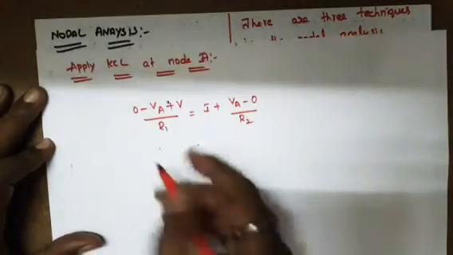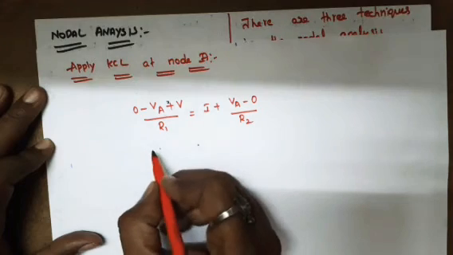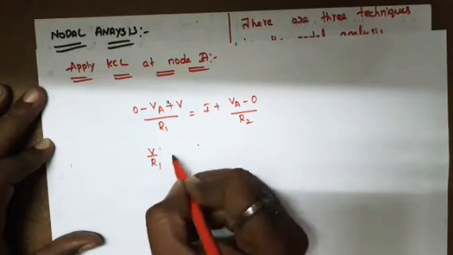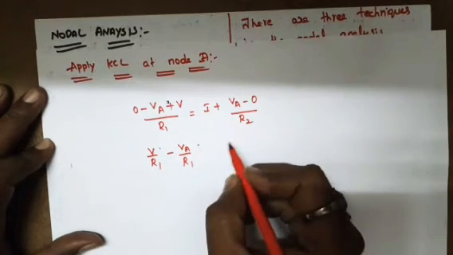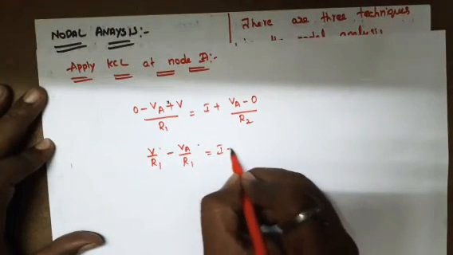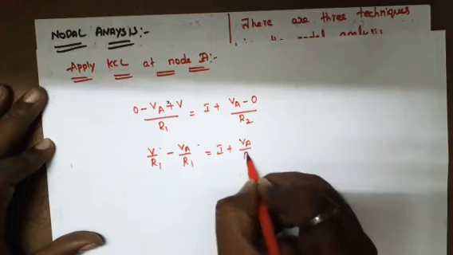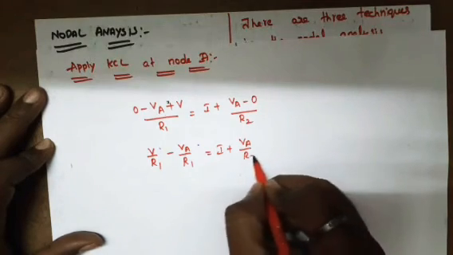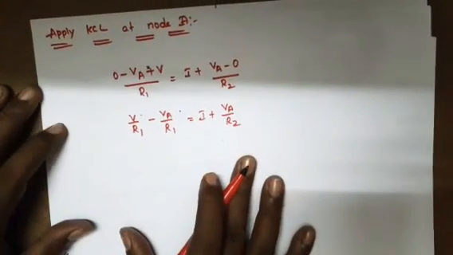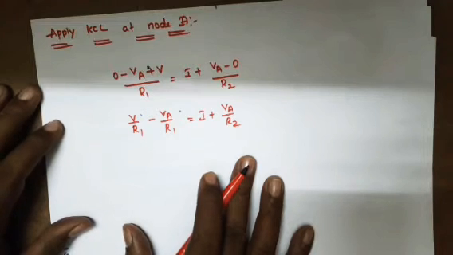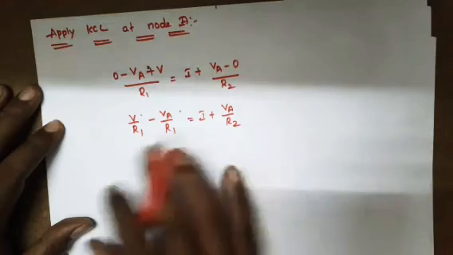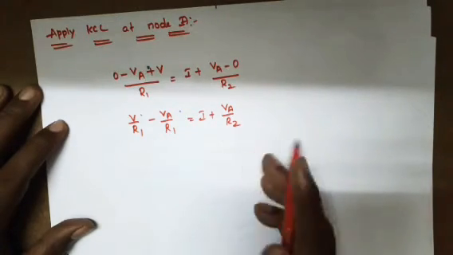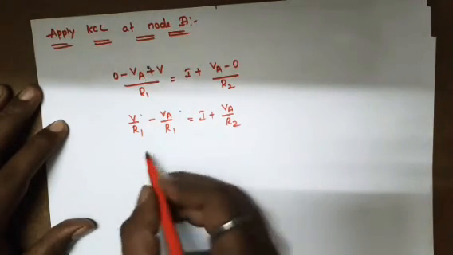Now we can solve this one. V by R1 minus VA by R1 is equal to I plus VA by R2. Okay, is it clear? Now from this we are going to find VA. So take all the VA terms on one side of the equals sign. Take this I here.